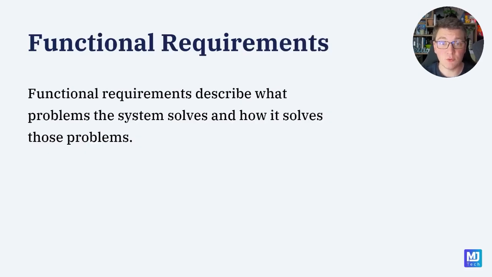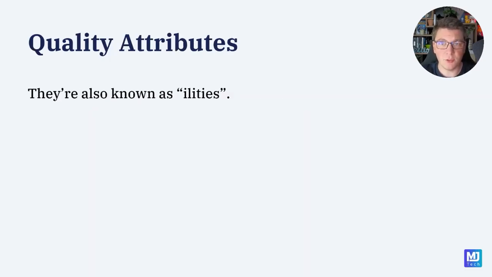Functional requirements describe what your system should do and how it should do it. Examples of this include requirements like the customer should get an email confirmation when their order is confirmed, or all customers should get a refund when an event, like a concert, is cancelled. One more architectural driver is quality attributes. They are also collectively known as ilities.